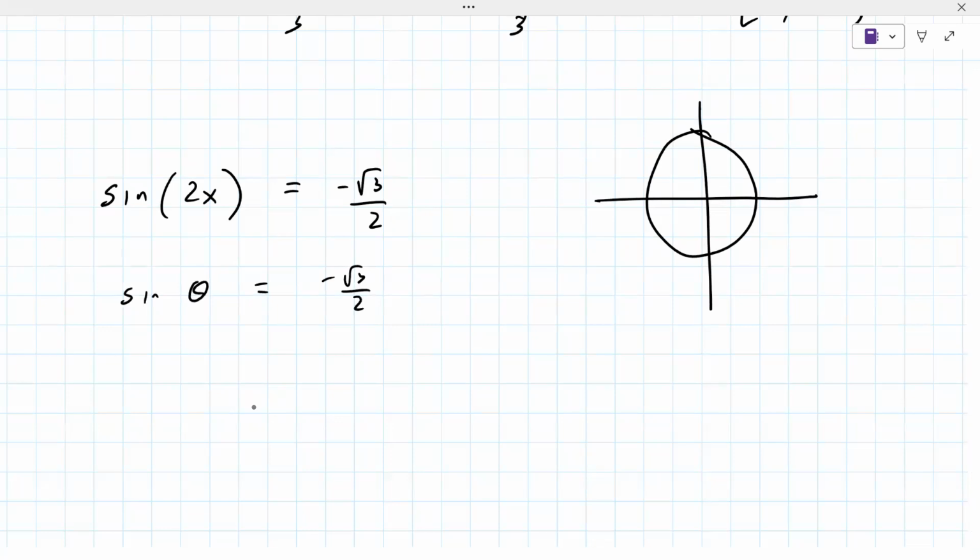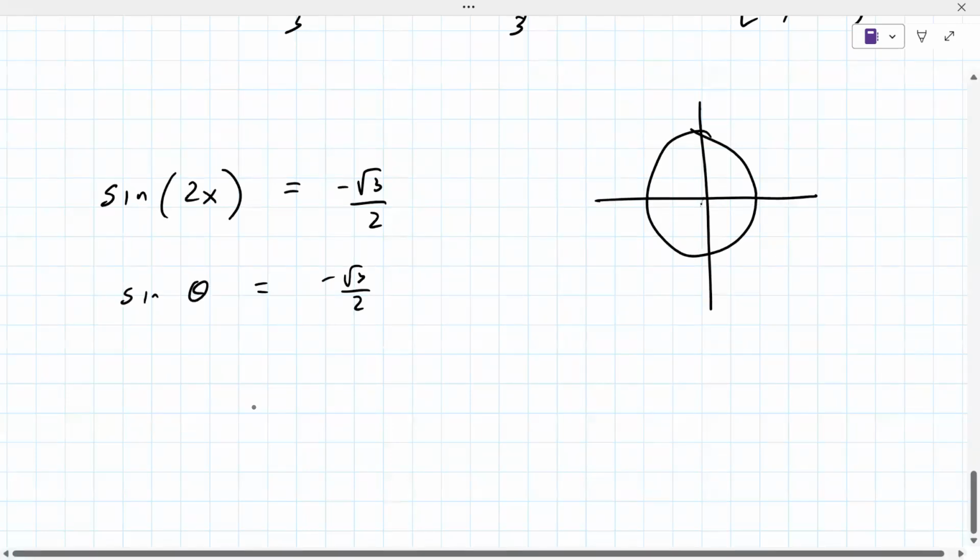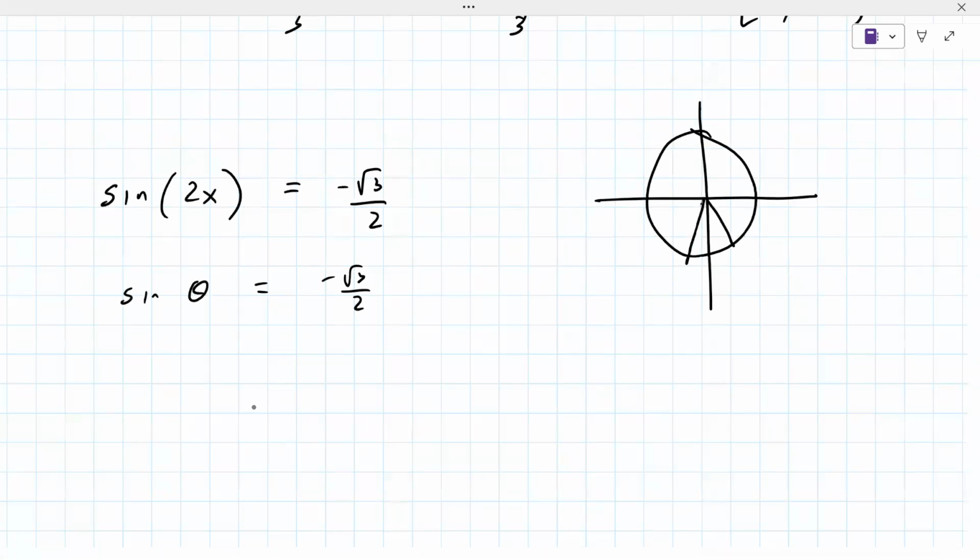So that's the y value being 4 pi over 3 and 5 pi over 3. That sounds right.